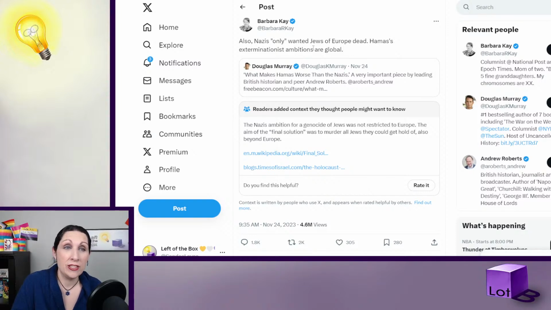Hamas' exterminationist ambitions are global." There's a community note to that saying the Nazis' ambition for genocide of Jews was not restricted to Europe, and the aim of the final solution was to murder all Jews they could get hold of, also beyond Europe.